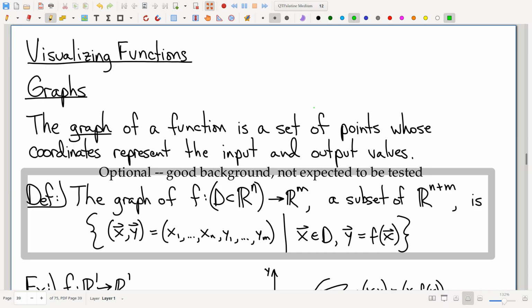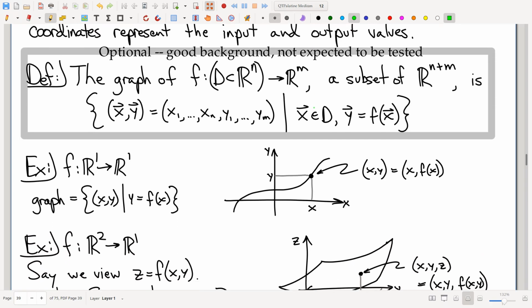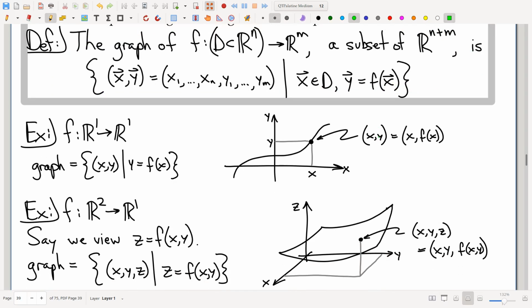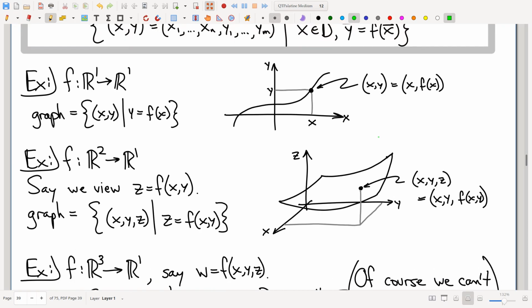So please disconnect, if you could, the idea of a function from the common picture that you've seen called the graph of that function. These are separate things. Now, what I have in the box there is a bunch of formality as to exactly how to write down the definition of a graph, but I don't think that's going to be particularly helpful to us. Look at it if you like.